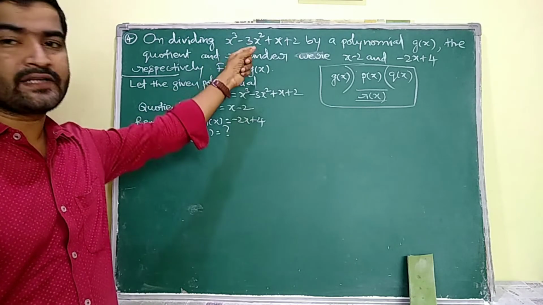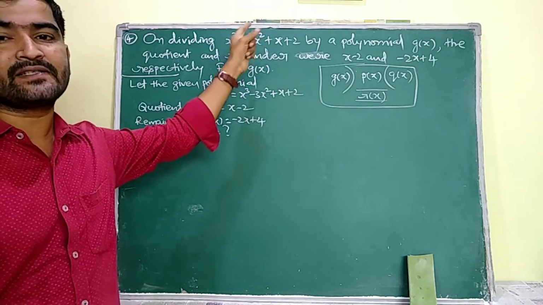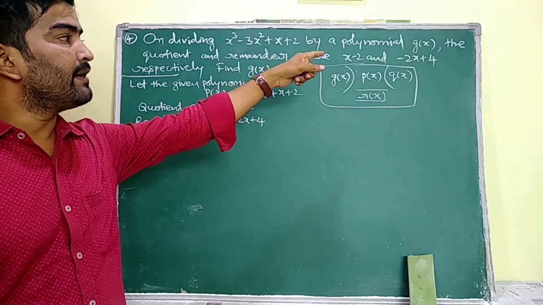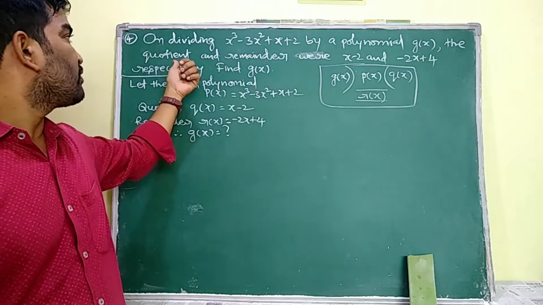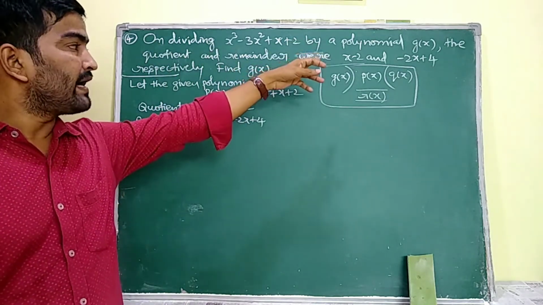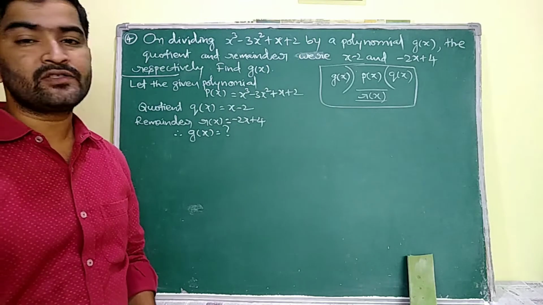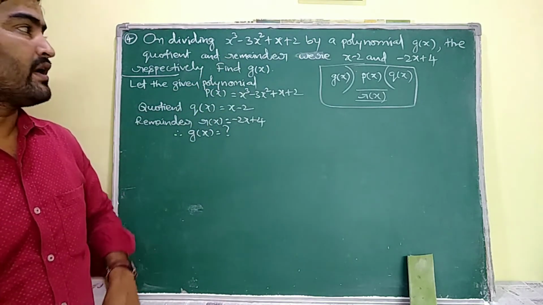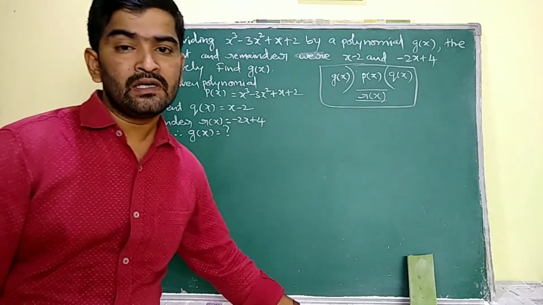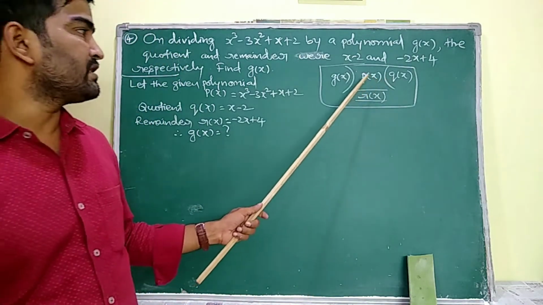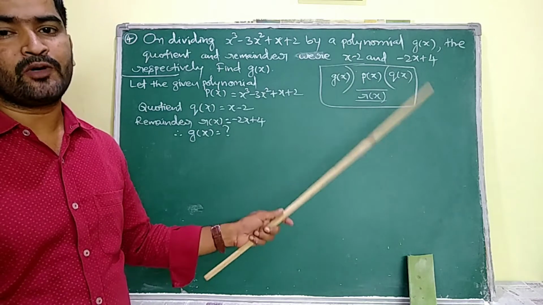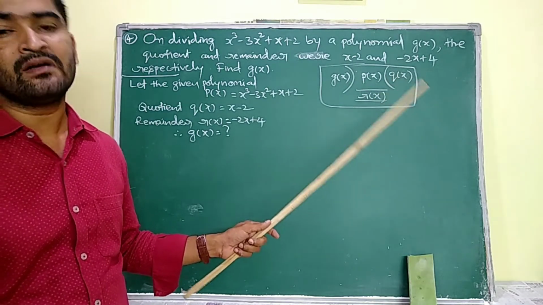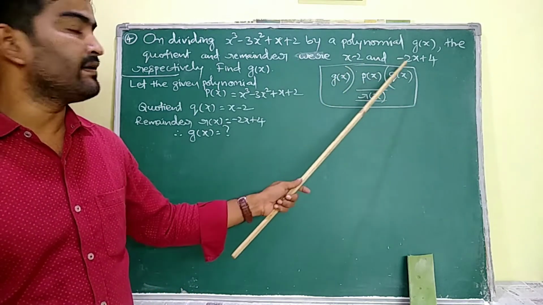On dividing x cube minus 3x square plus x plus 2 by a polynomial g of x, the quotient and remainder were x minus 2 and minus 2x plus 4, he gave, and he asked us to find the g of x. Okay, see ma, for that we know the standard procedure for division of the polynomials. In Euclid division lemma we write b, a, q, r.